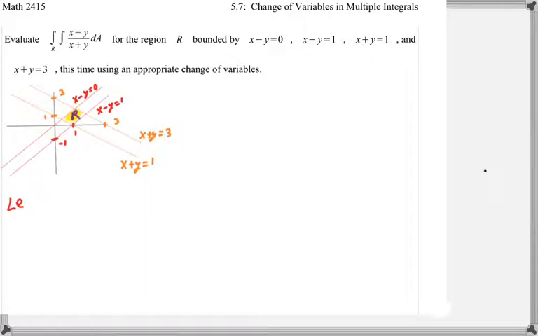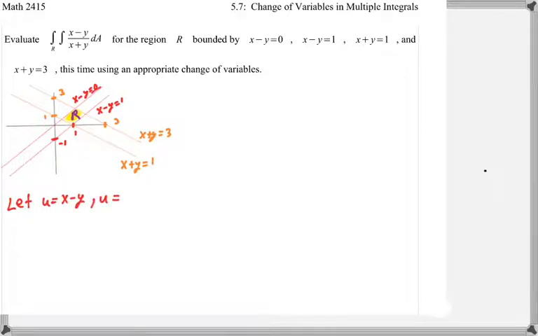And we had mentioned earlier that it's going to take 3 double integrals to evaluate this integral. So what we're going to do here is notice that we have x minus y equals 0 and x minus y equals 1. So we're going to introduce the variable u to be equal to x minus y.